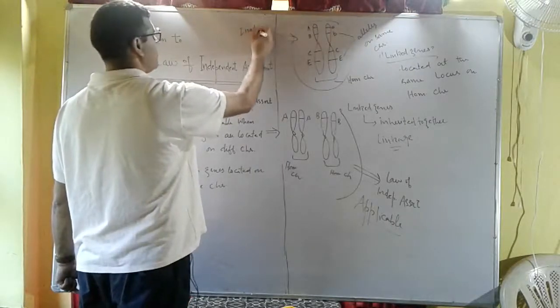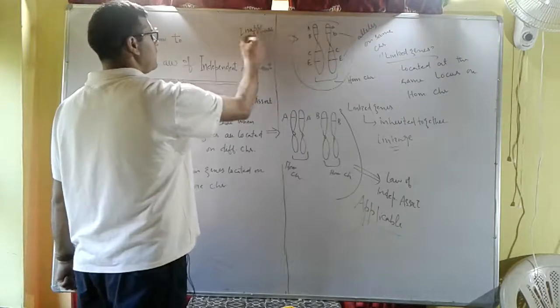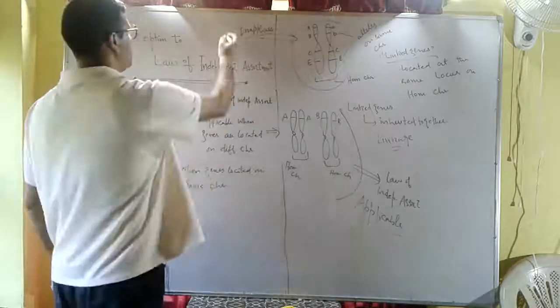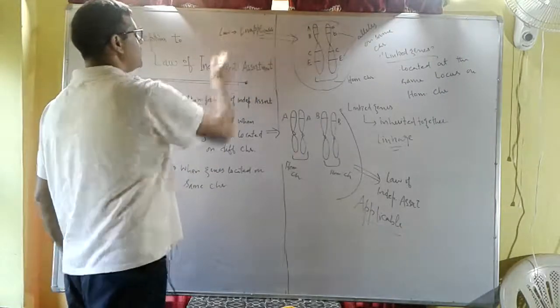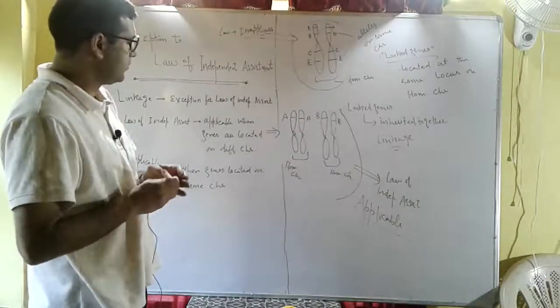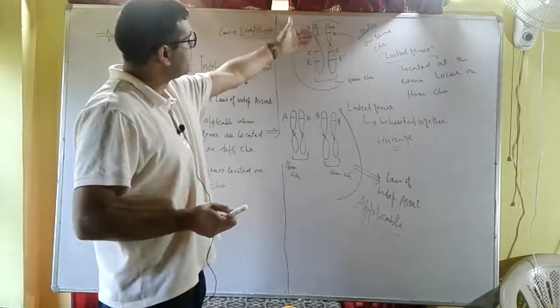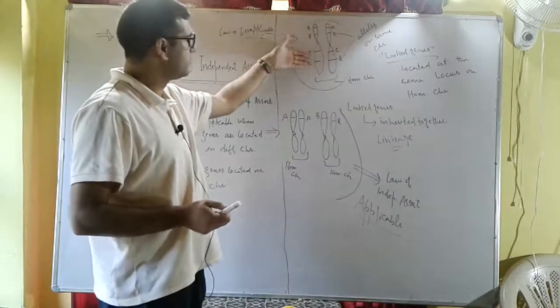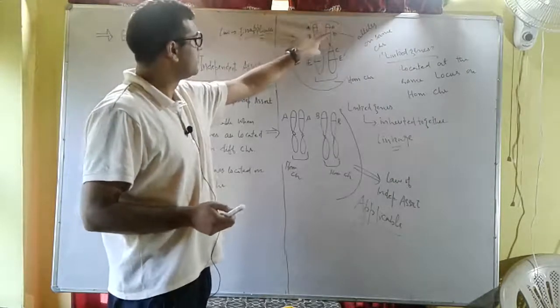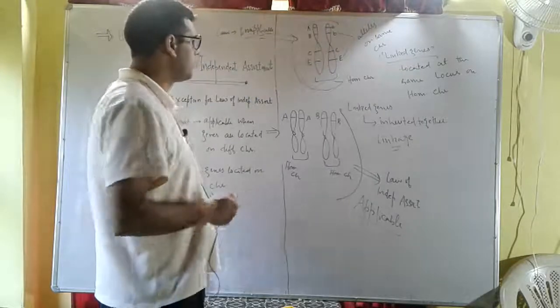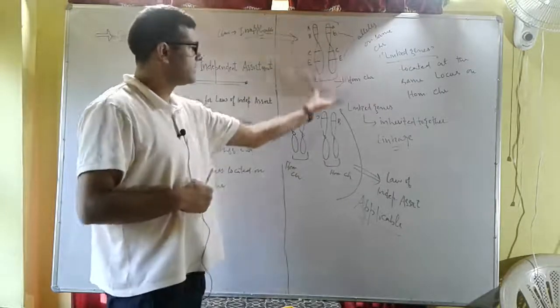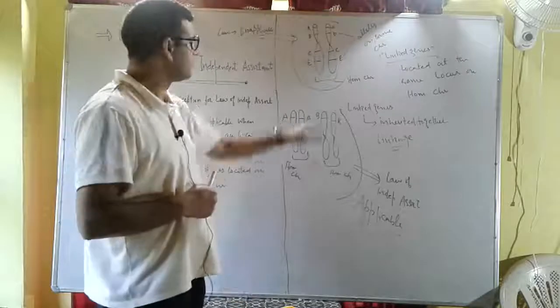The law of independent assortment is inapplicable because these genes are located on the same chromosome. They are present at the same locus on a pair of homologous chromosomes, and they will be inherited together.